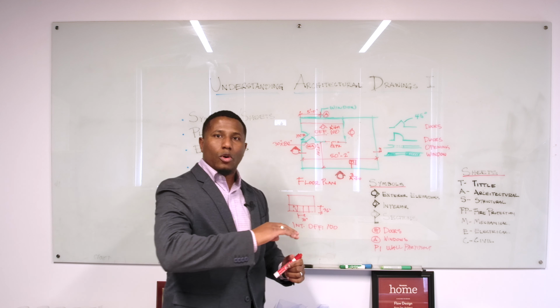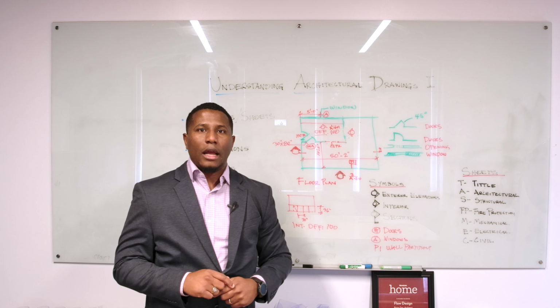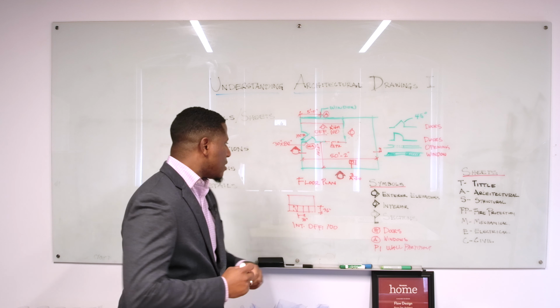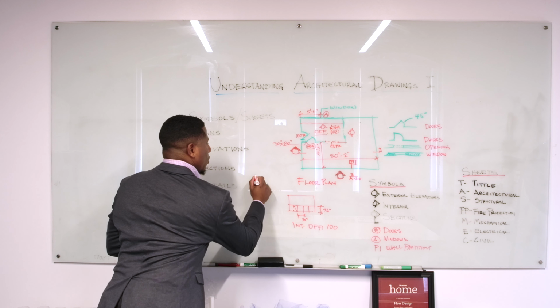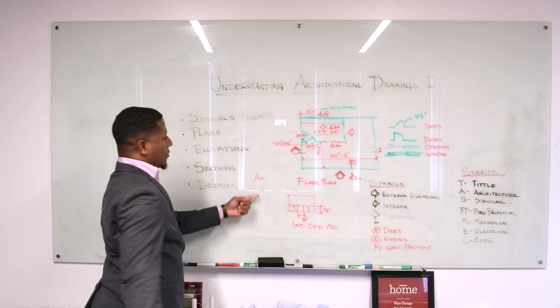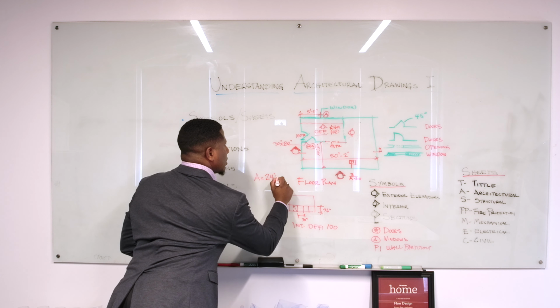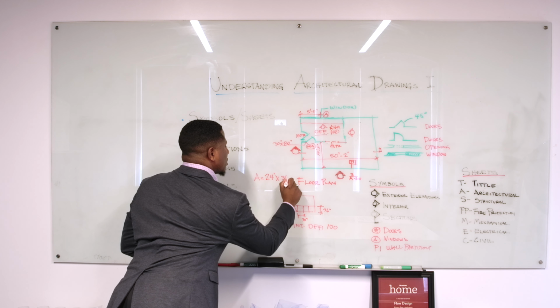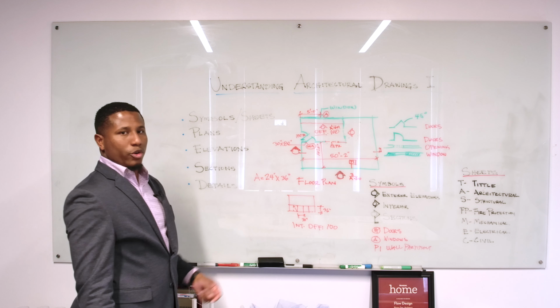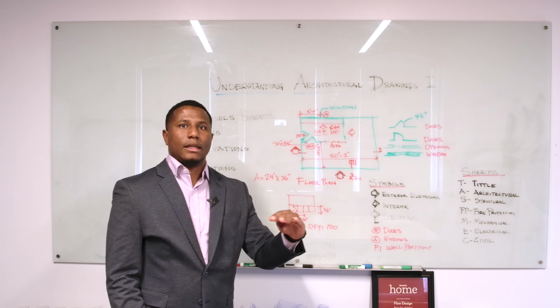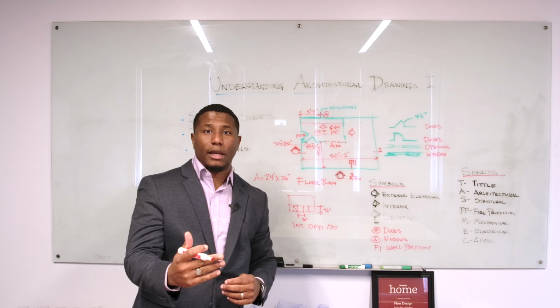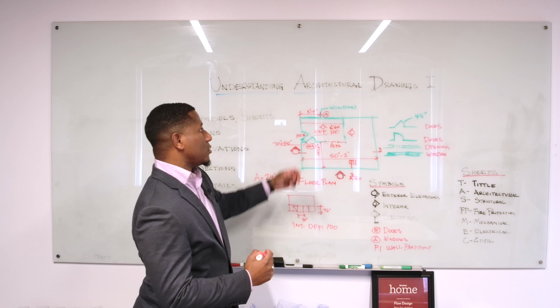Then what you do is you go into the window schedule, and then you look at window A, let's say window A is, let's say, 24 inches by 36 inches. And it will tell you it's located at this sill height, so that way you know where to place it within this wall.